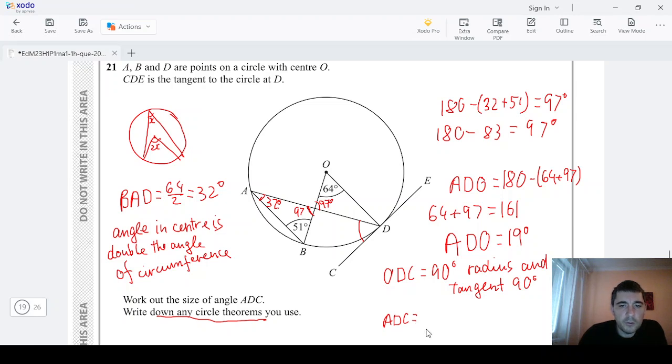To finish the question, we just get 90 degrees take away 19, and that will bring us to 71, which is equal to 71 degrees.